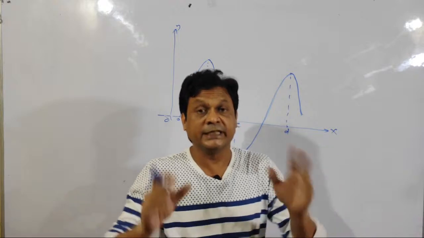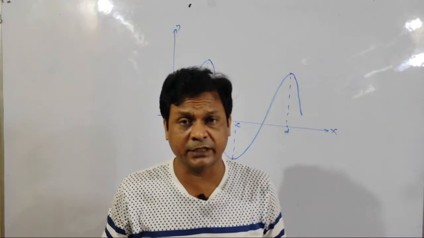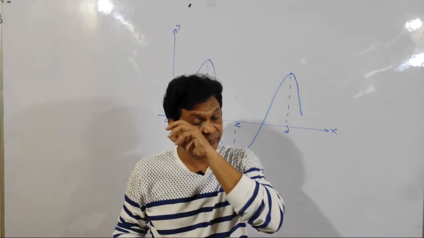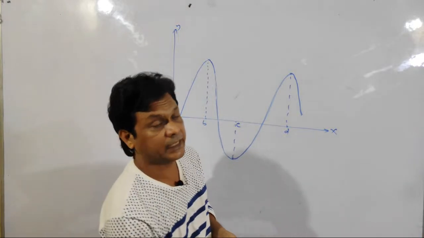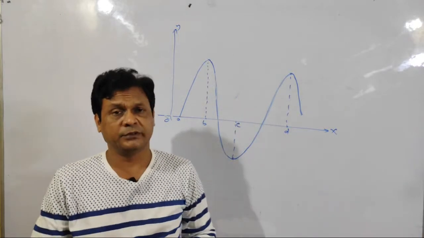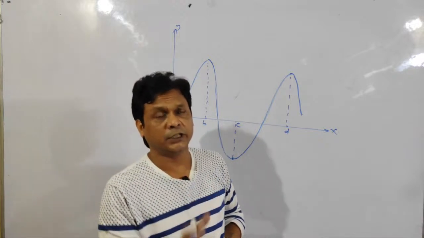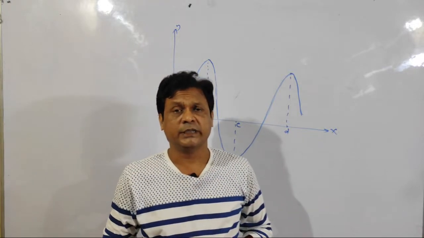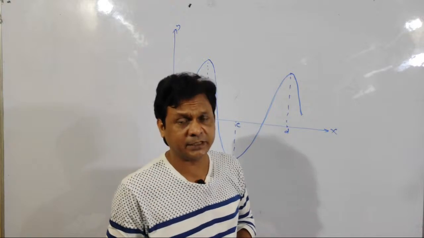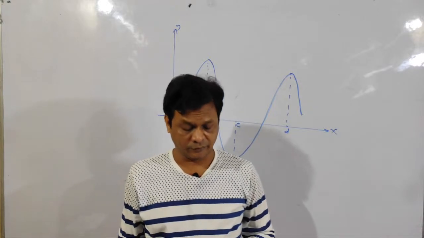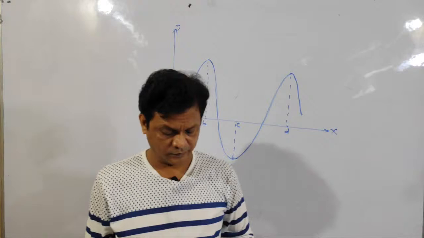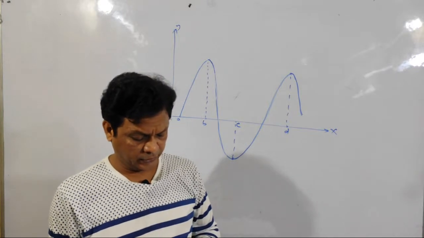Is there any point where the tangent is parallel to x-axis? Can you tell me? Is there any other point, not in my graph, other than maxima and minima, where the tangent can be parallel to x-axis? So Manath is telling the number 1.